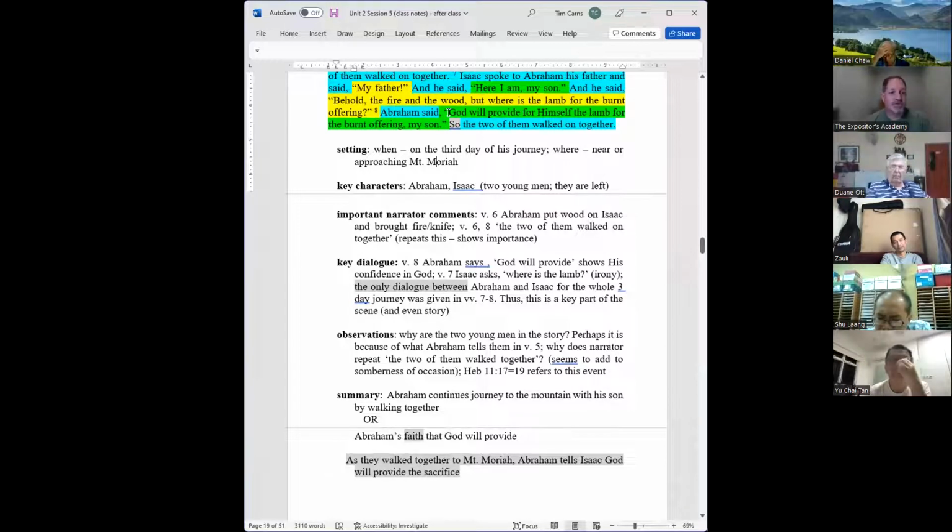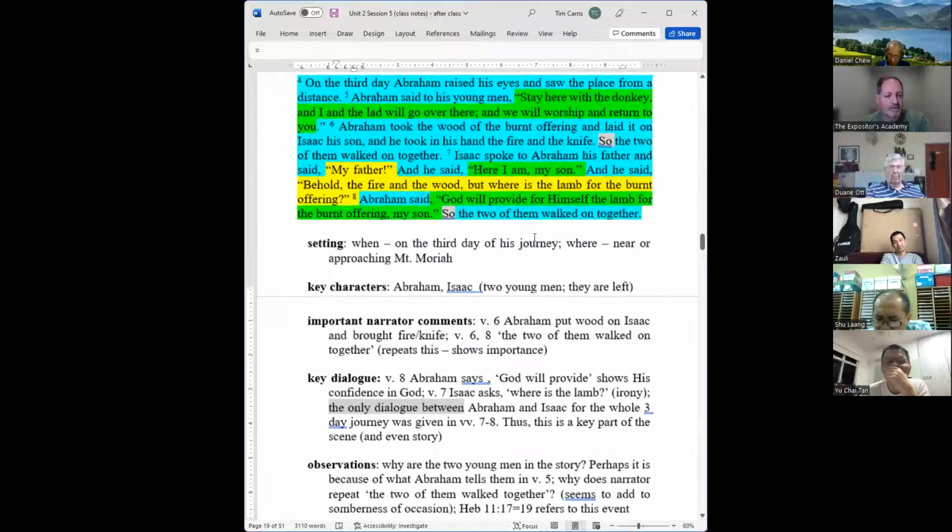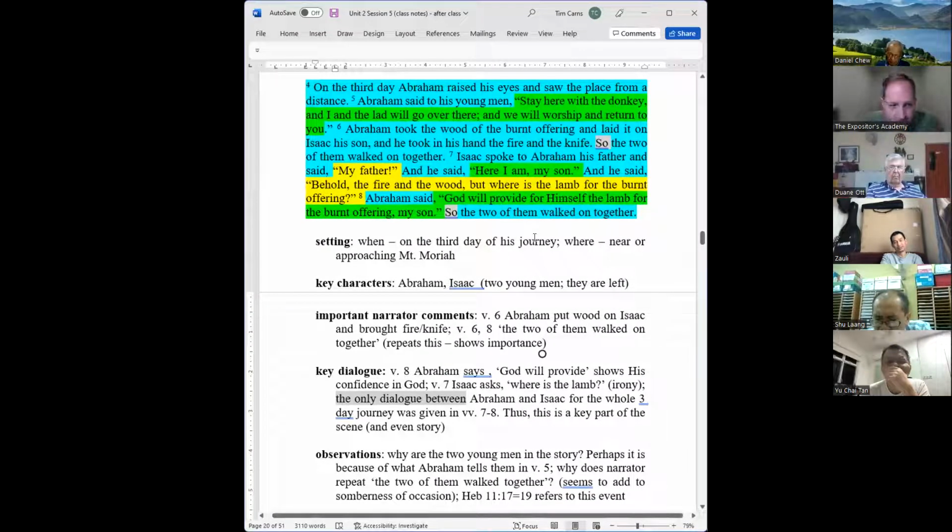Now, again, we're not certain yet when Abraham said God will provide, as Dwayne pointed out, is he lying here, or does he have this faith? We don't know exactly yet what's going on. We have an idea, but this is the challenge in going through stories that we're familiar with, because we already know God's response at the end.